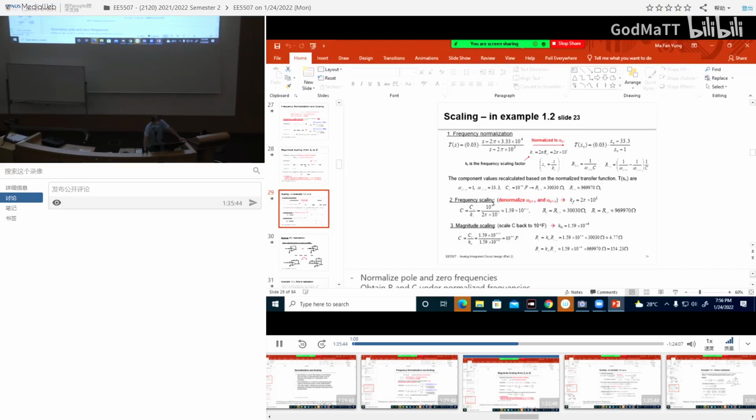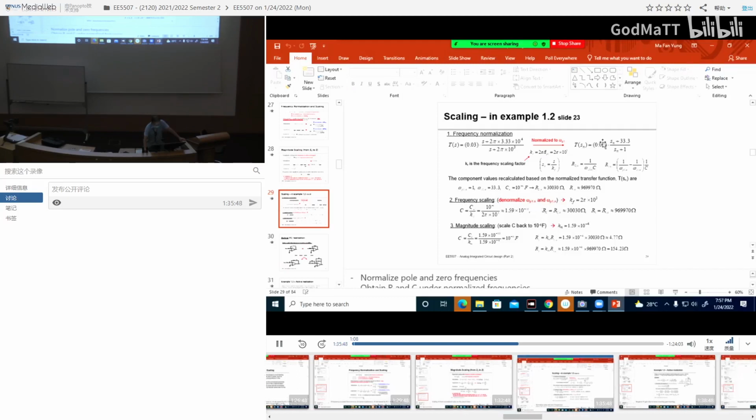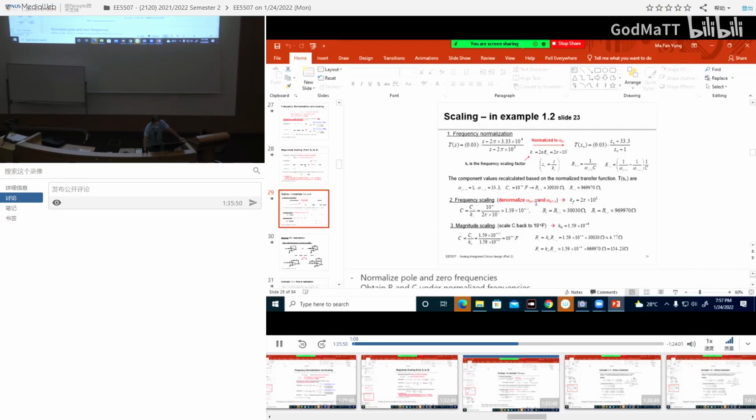And then we do the frequency scaling. That means we denormalize the pole frequencies to get the capacitor values. Resistance is not changing because of frequency scaling. Resistors don't change, but the capacitance value will change.